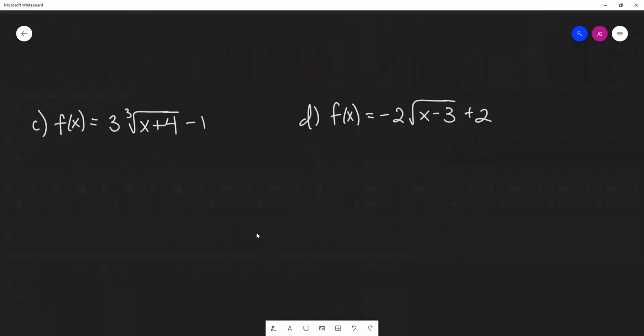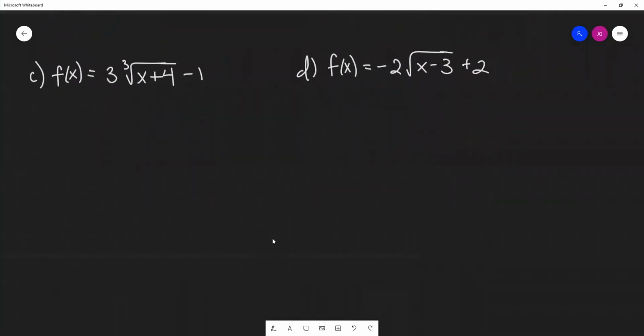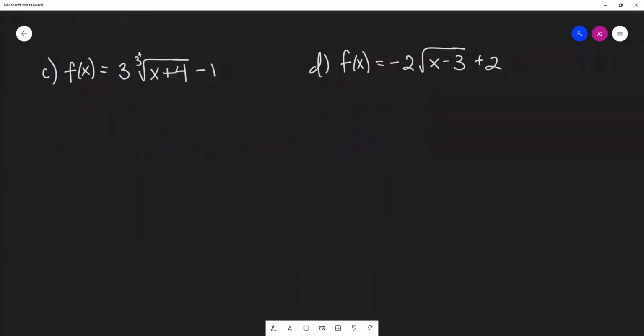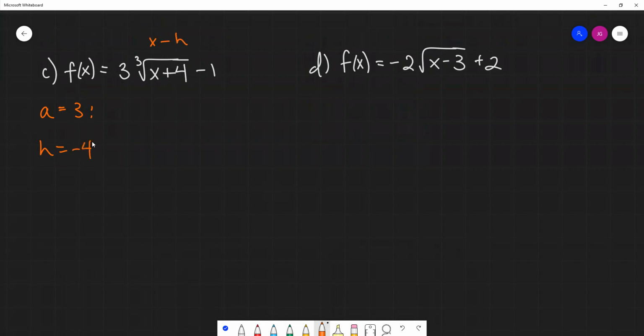Now let's do C and D. All right, so C, we have some more transformations going on. We already know the domain and range though, right? Cube root, automatic giveaway. But let's find everything else first. So a equals 3. Remember it's x minus h, so this h right here is actually negative 4. And then our k is negative 1.